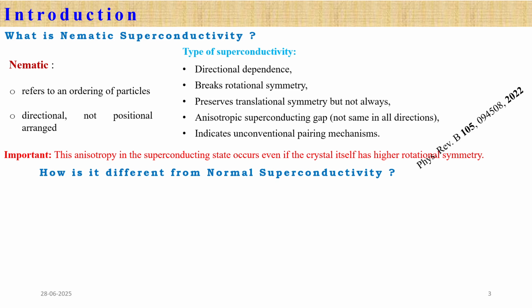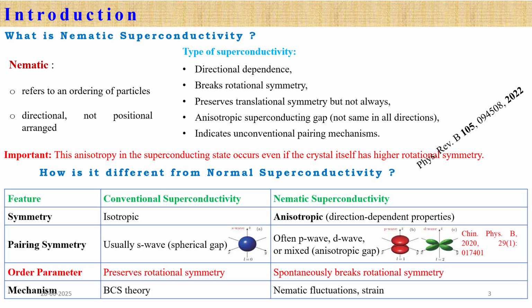So how is it different from normal superconductivity? In conventional superconductivity, the gap is isotropic in all directions, like this sphere in the s-wave superconductor. If I rotate this in any direction, there is no rotational symmetry breaking, which means the sphere has infinite rotational symmetry.